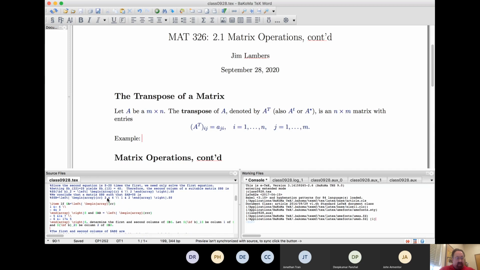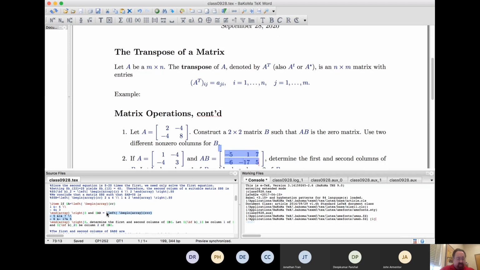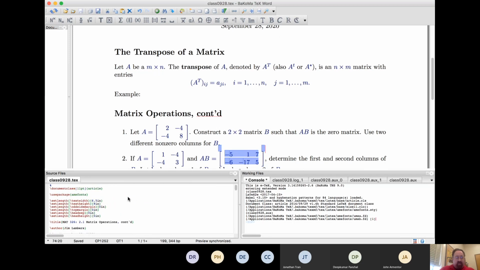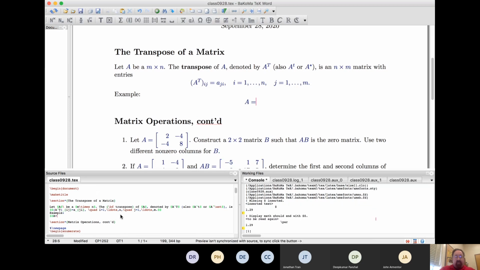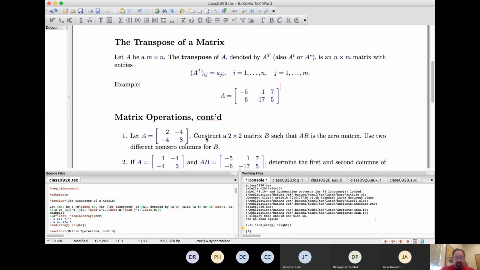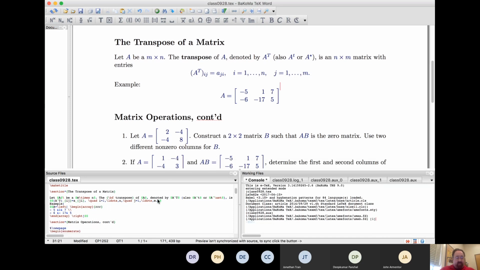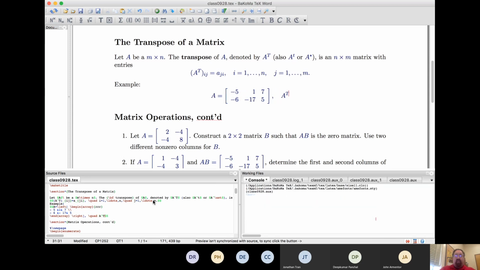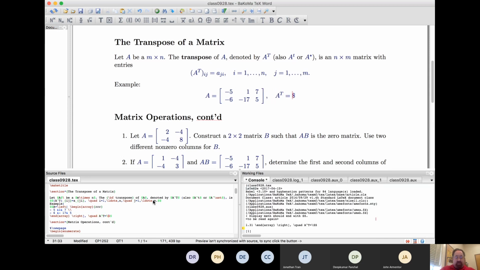All right, so here's our matrix A. Then A transpose.